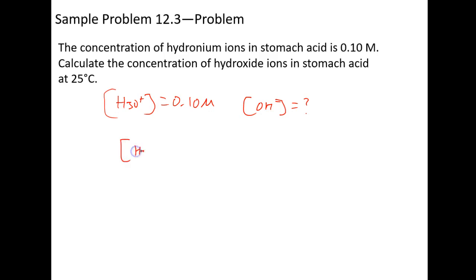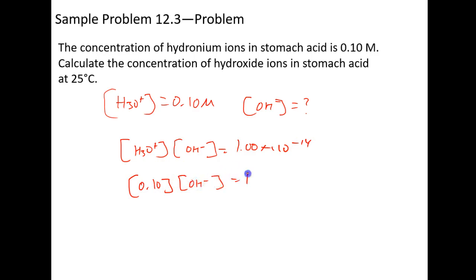Well, we know that the hydronium times the hydroxide is equal to 1.00 times 10 to the minus 14th. So if the hydronium is equal to 0.10, I'm solving for the hydroxide.